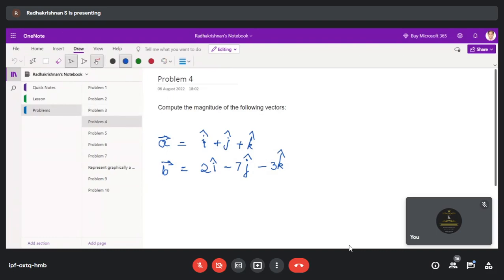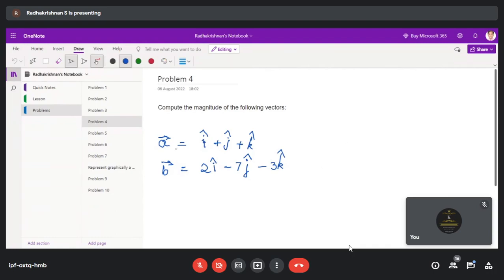Find the magnitude of these 2 vectors. Anybody? Okay. So I will explain.